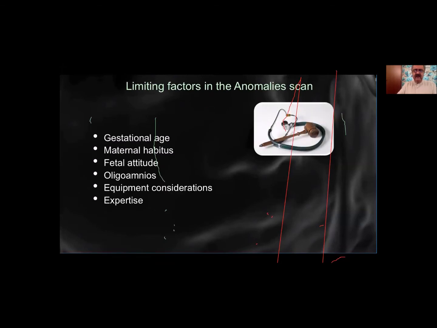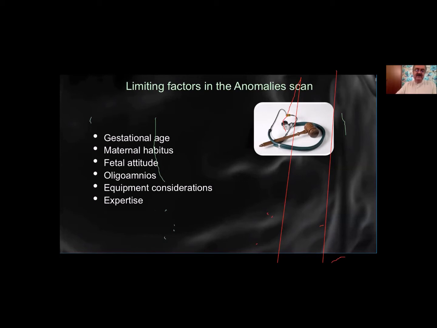Now, remember that there are limitations, and these are important from the patient's understanding point of view, and also from a legal point of view. The radiologists, the sonologists, the experts in fetal medicine, as well as the practicing obstetrician need to understand that these are limitations.